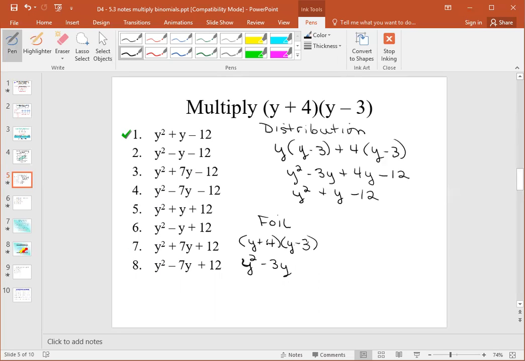Inner, 4 times y. Last, 4 times -3. And you can see that that is a little shorter. Some people like distribution, some people like FOIL. And now we're going to pull out the box here.